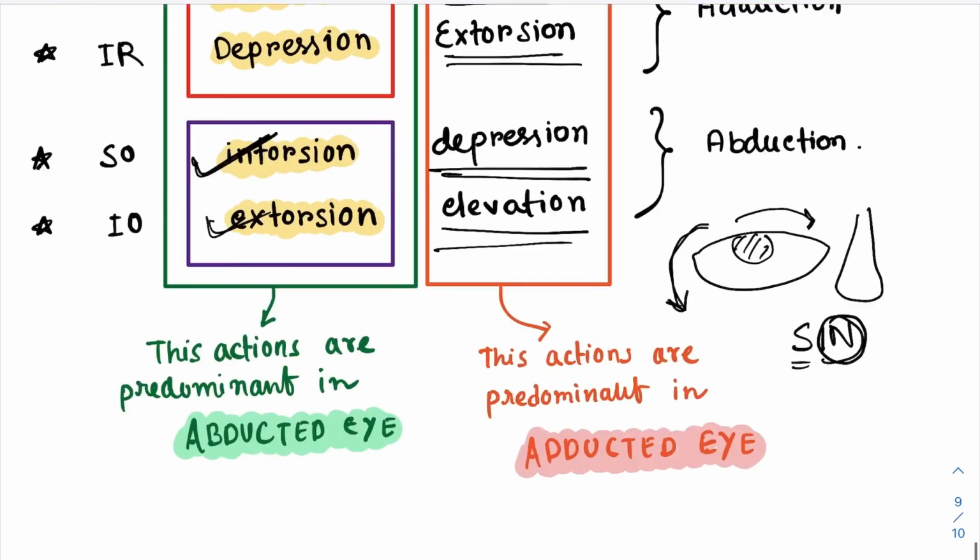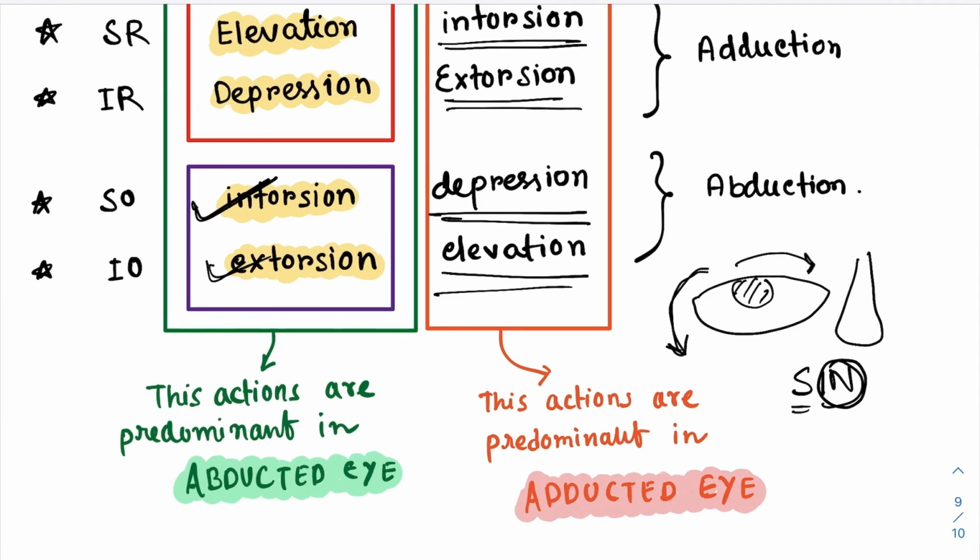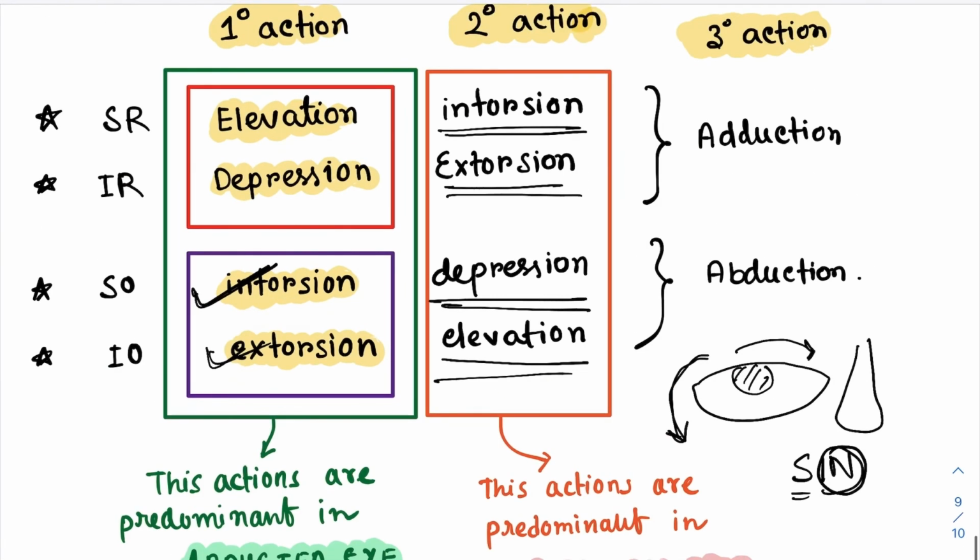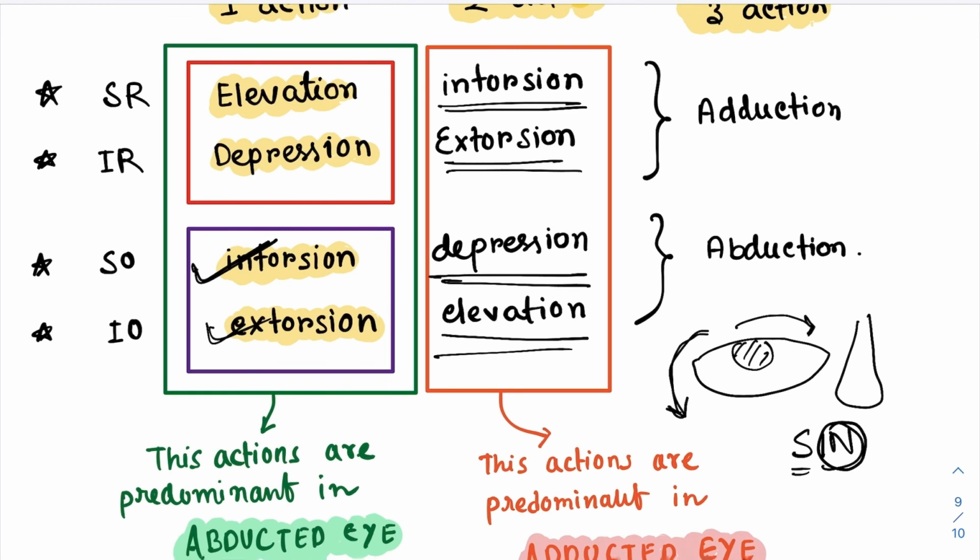But the catch is, the primary actions of superior rectus, inferior rectus, superior oblique and inferior oblique are predominant in different eye positions. So superior rectus is an elevator in the abducted eye, inferior rectus is a depressor in the abducted eye, superior oblique is a depressor in the adducted eye, and inferior oblique is an elevator in the adducted eye.